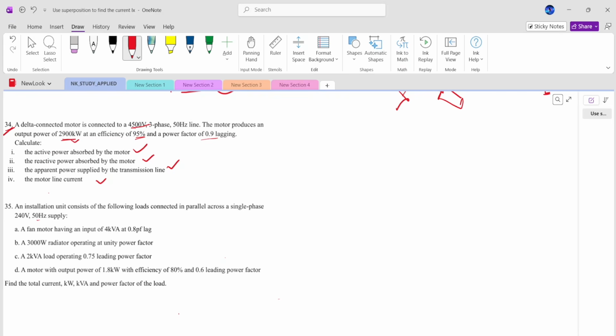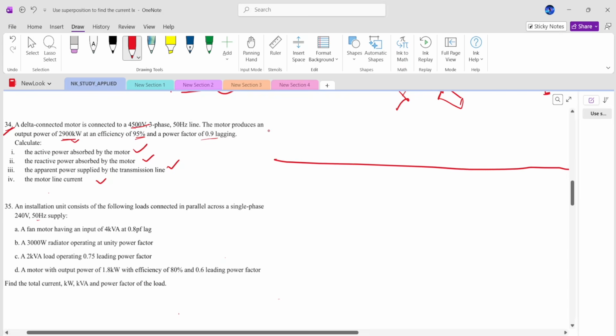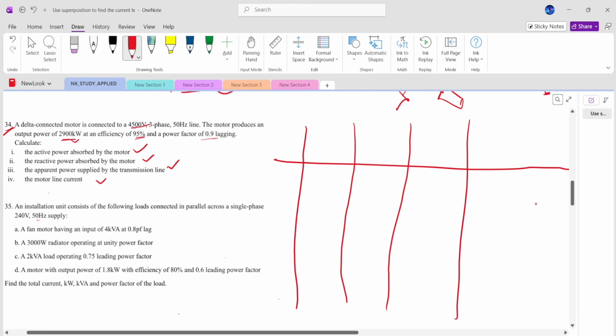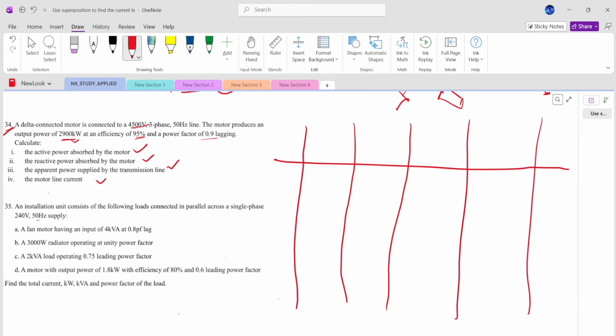For this type of question, it's easy if you can draw this table. It's just a short table that will help us solve it quickly. The first part of the table is just going to be the loads we are looking at.